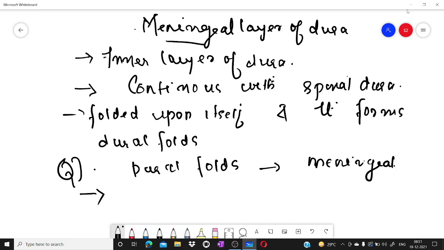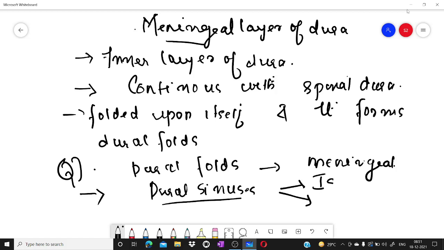Besides this, the meningeal layer also has some dural sinuses in it. The two dural sinuses located inside the meningeal layer of the dura are the inferior sagittal sinus and the straight sinus.